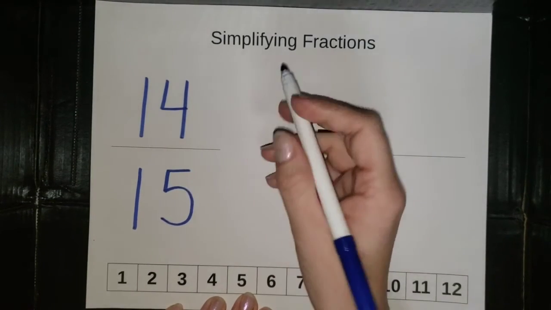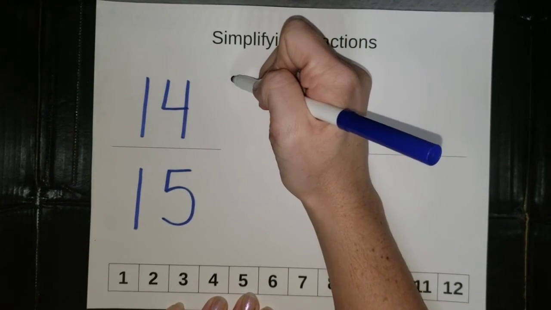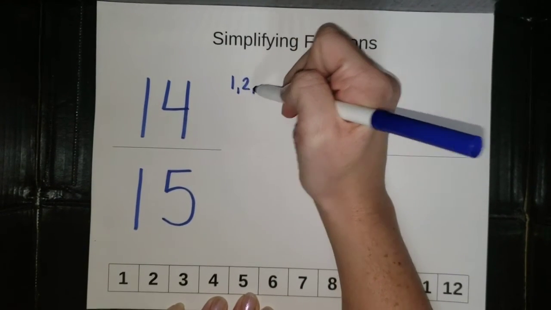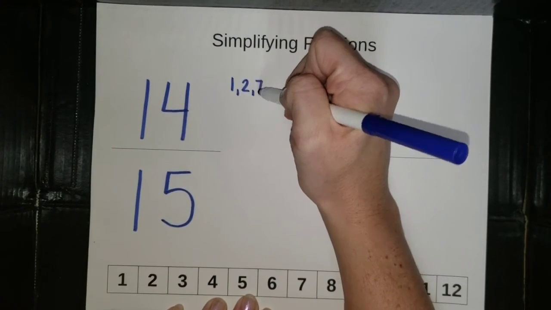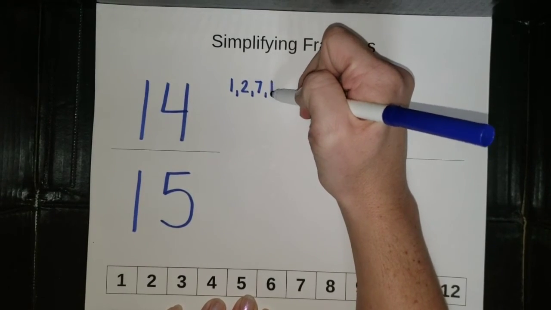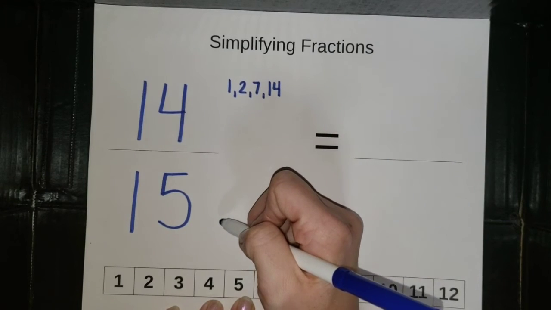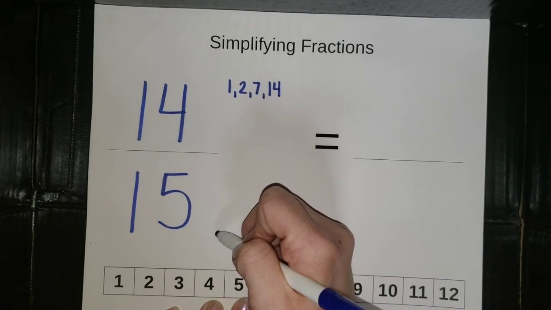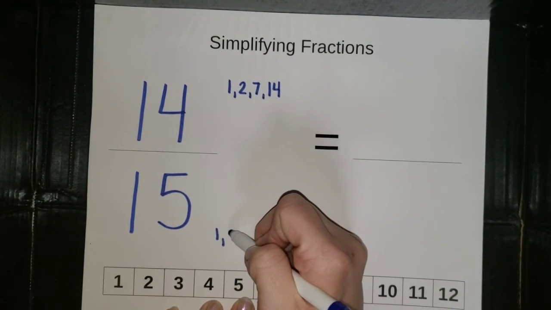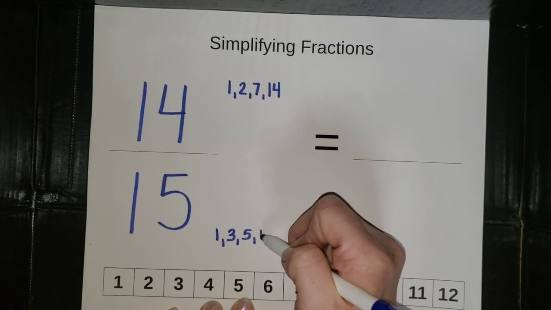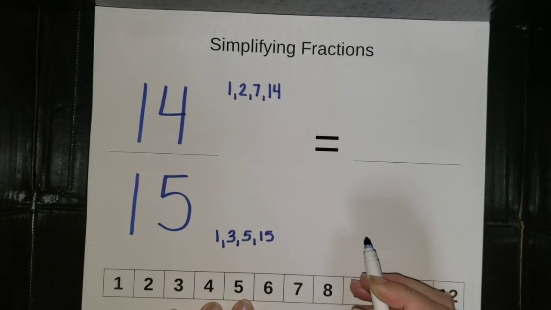Now I'm going to make the list up here. The factors for 14 are 1, 2, 7, and 14. The factors for 15 are 1, 3, 5, and 15.